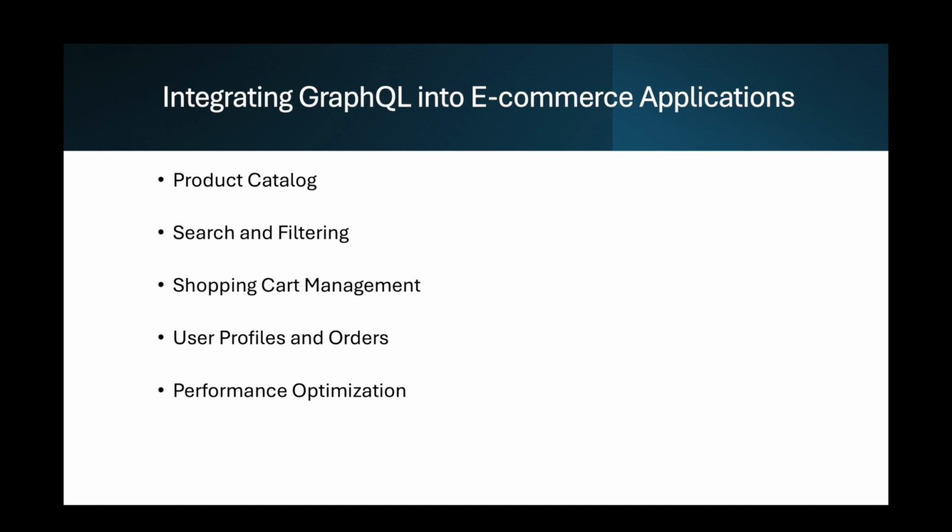Next is user profile and orders. Implement user profiles and order history functionality using GraphQL queries and mutations to provide a personalized shopping experience. And last is the performance optimization. You can optimize query performance using techniques such as data batching, caching, and server-side optimization to improve the responsiveness of the e-commerce application.